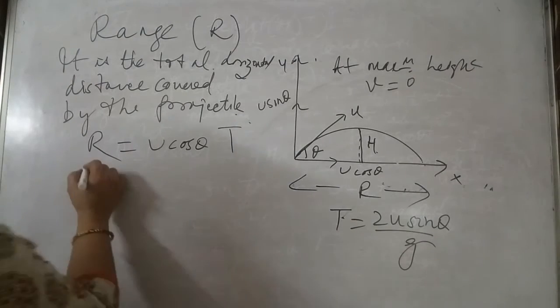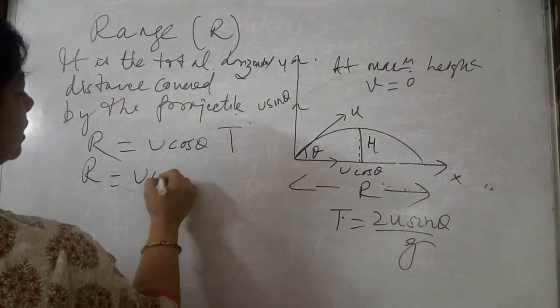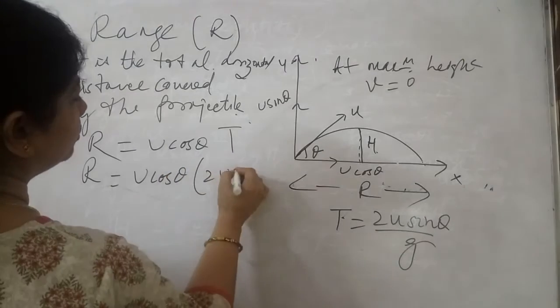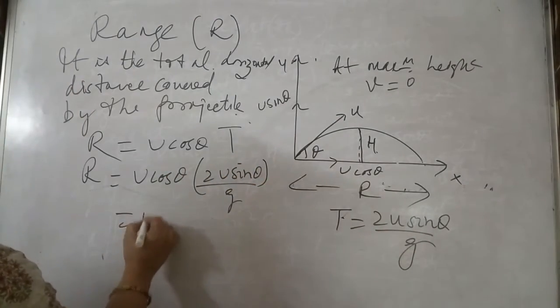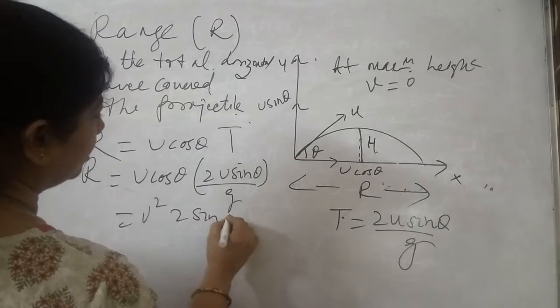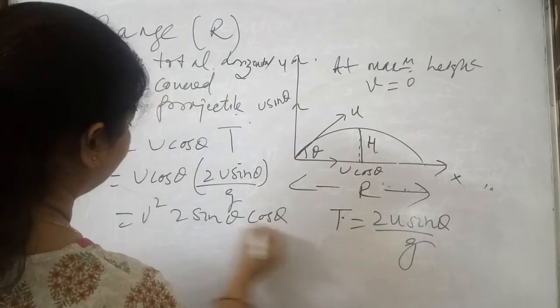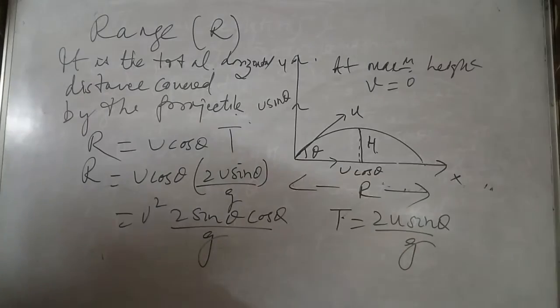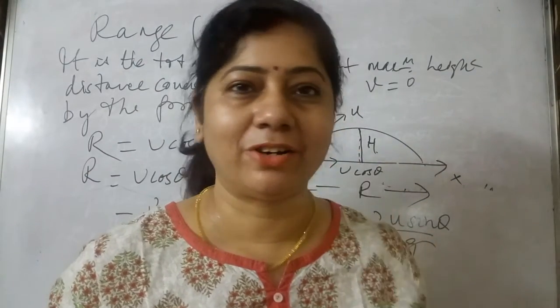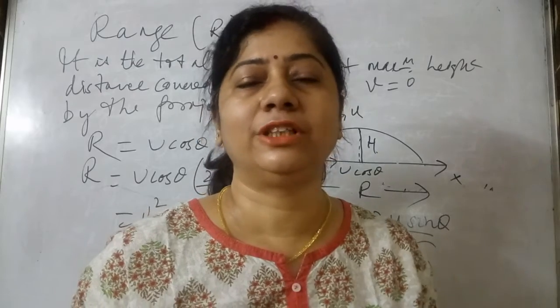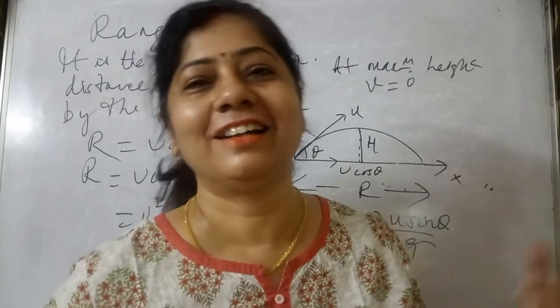So let us substitute. R is equal to u cos theta times 2u sine theta by g. So it is u square 2 sine theta cos theta by g. Now you are already doing trigonometry in maths, and you all know that sine 2 theta is given as 2 sine theta cos theta.